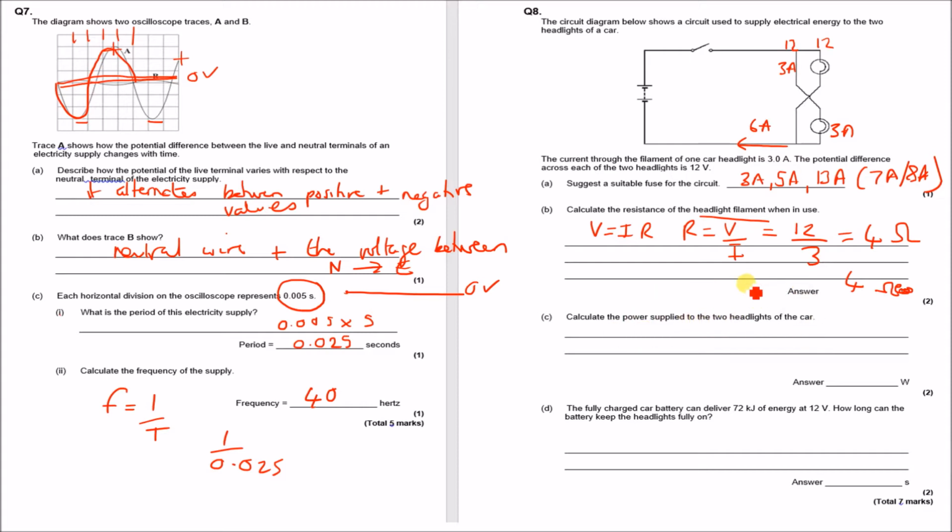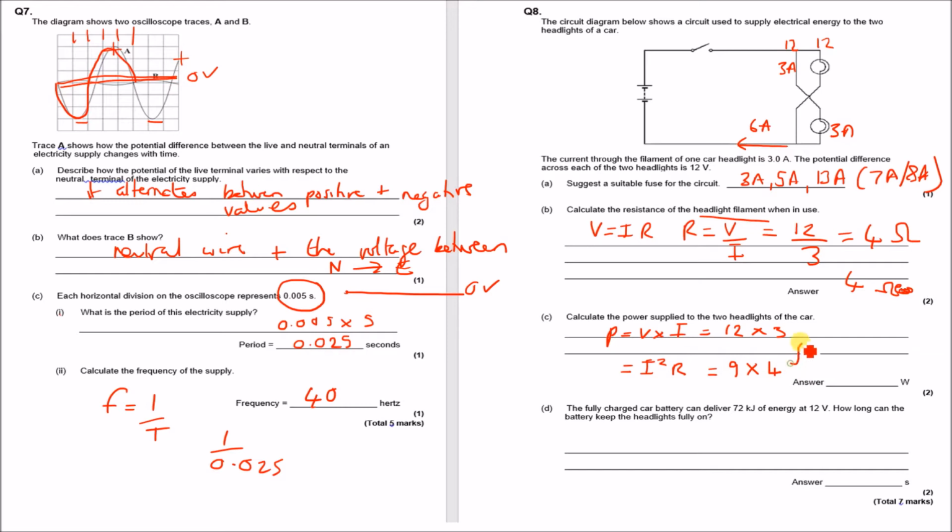Right, calculate the power supplied to the 2 headlights of the car. Power is equal to voltage times current, or it's equal to I squared R. So it could be the voltage of 1, which is 12, times by the current of 1, which is 3, or it could be I squared, which is 3 squared, which is 9, times by the resistance we just worked out, which is 4.